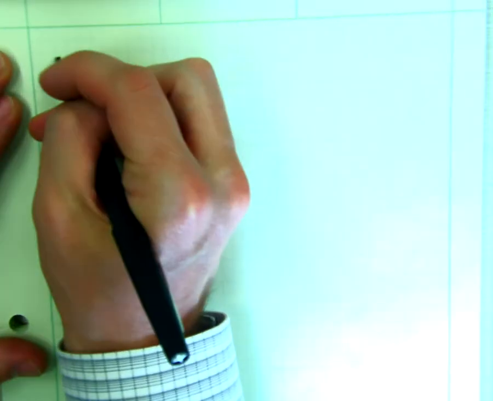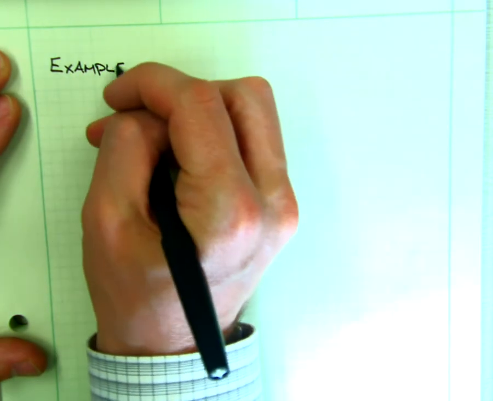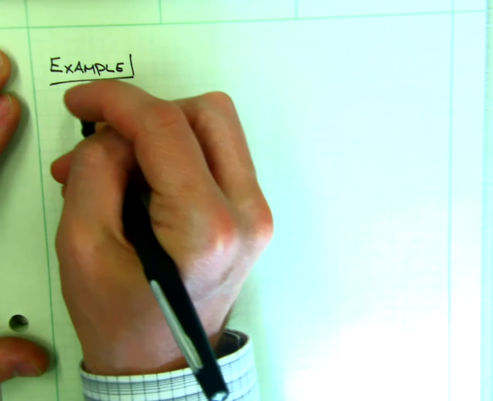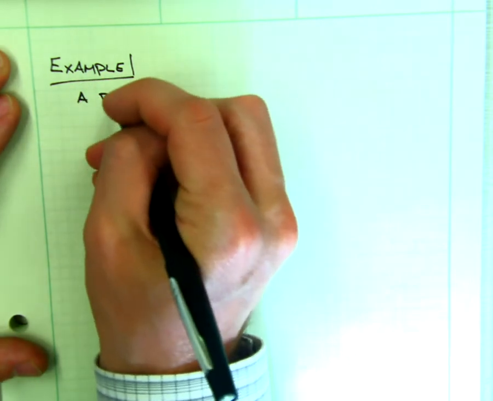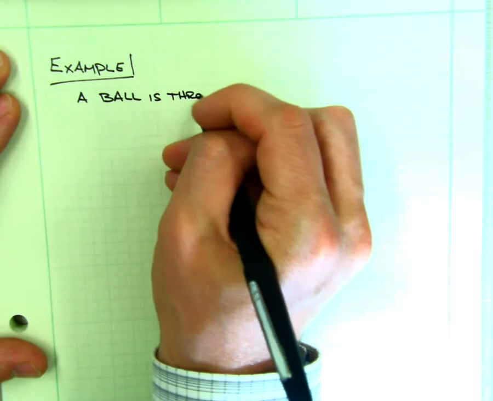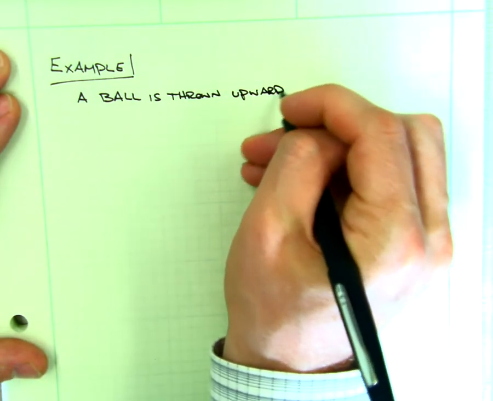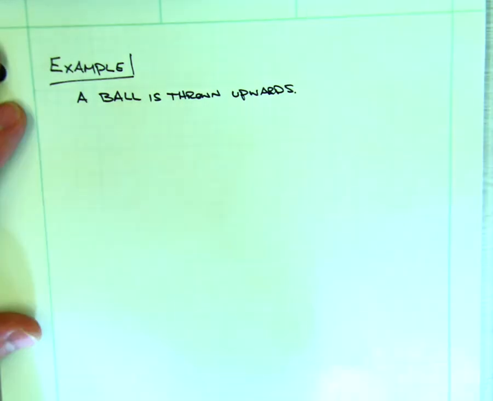Okay, so suppose I have a ball. Here's an example for you. I have a ball, and I'm throwing it upwards. So a ball is thrown up. And just like anything, if I have a ball and I'm throwing it up, I'm going to have an initial height, right?